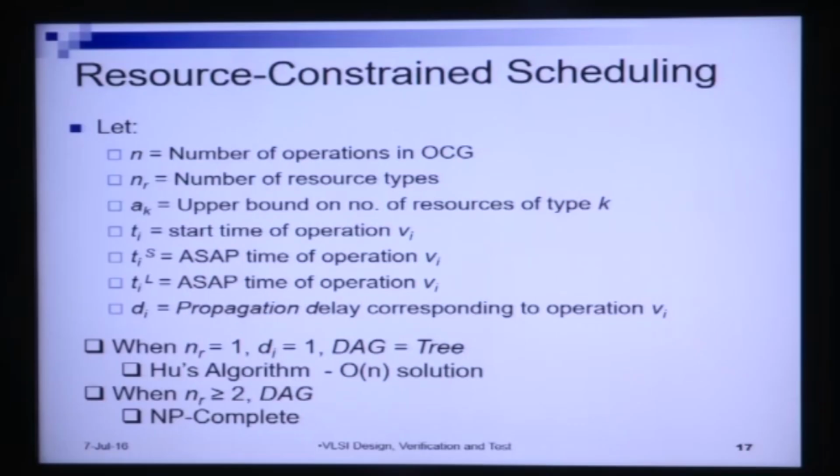For more than 2 resources, 3, 4, 5, we still don't know whether we get a polynomial time solution or not. So, in general we take the solution to be NP complete if the number of resources is greater than 2 and we have a generalized DAG. The problem is as complicated as this.